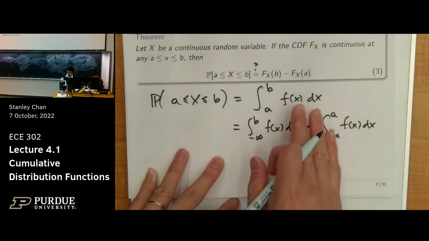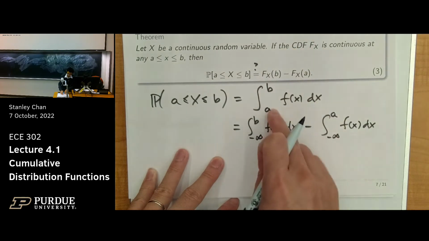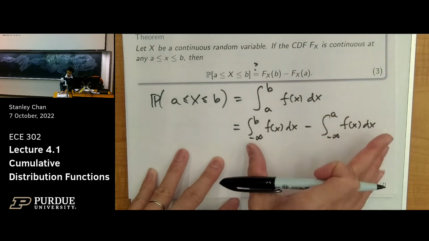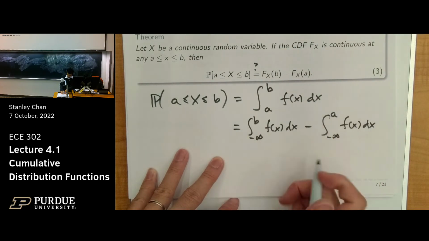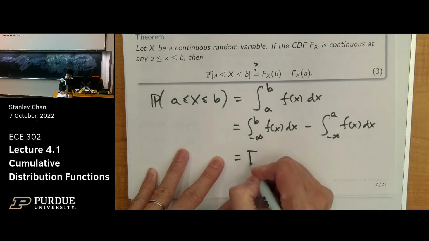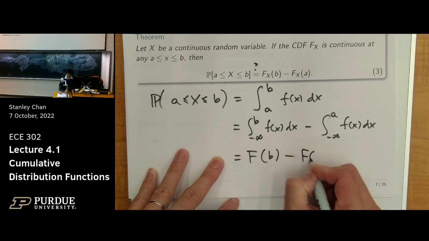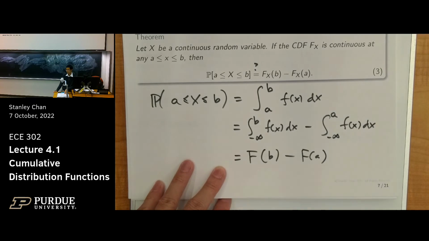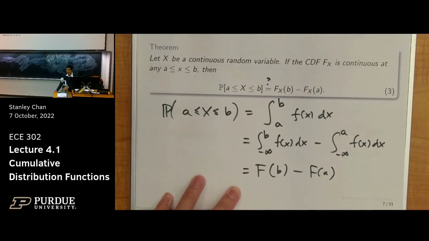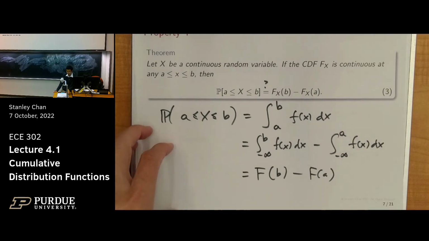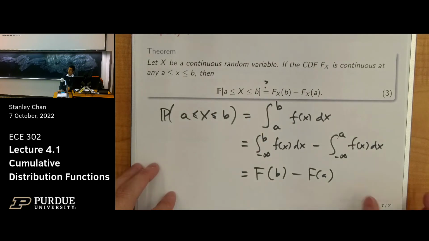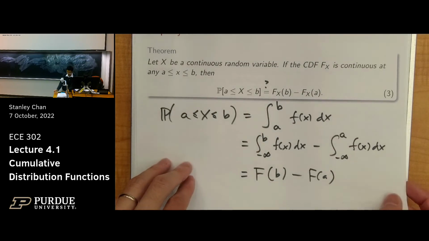So this finite integral from a to b can be written as the difference between these two integrals. The first one would be F at b, minus F at a. So that tells you the probability between a and b, which is the difference between the two CDFs.